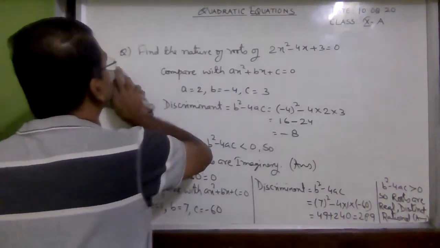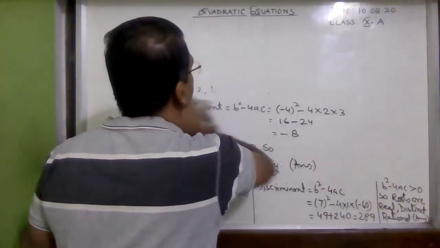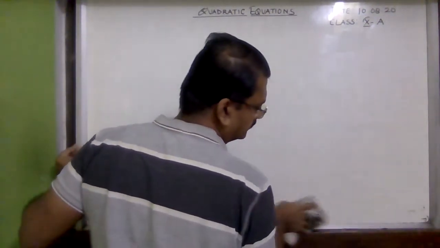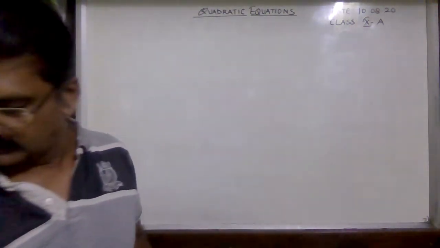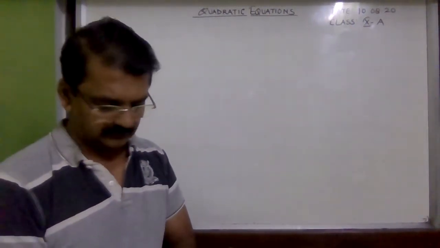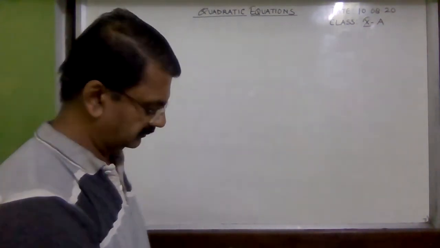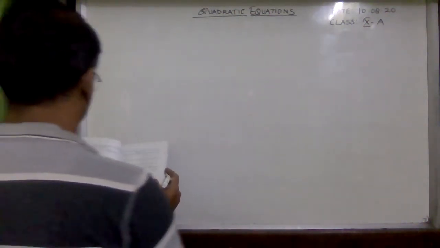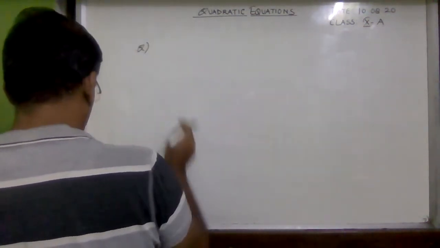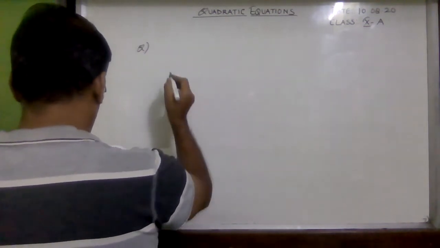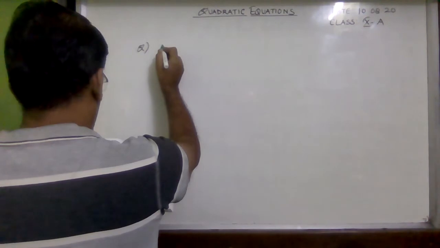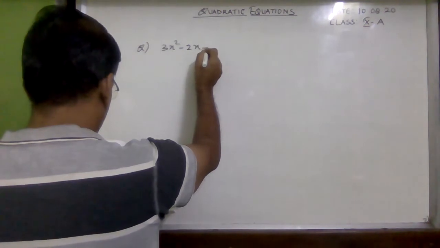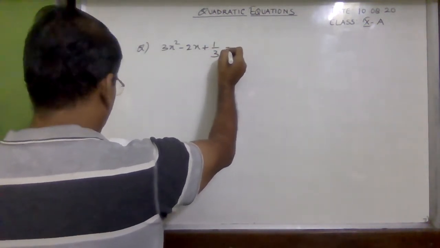Next question. 3x square minus 2x plus 1 by 3 is equal to 0.